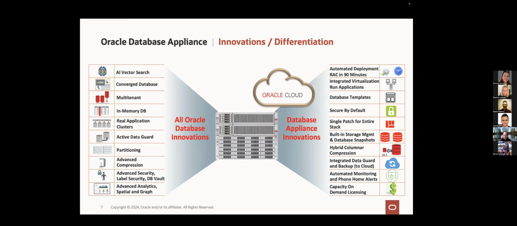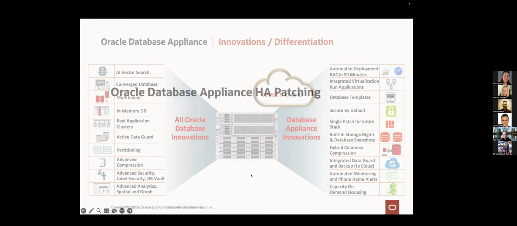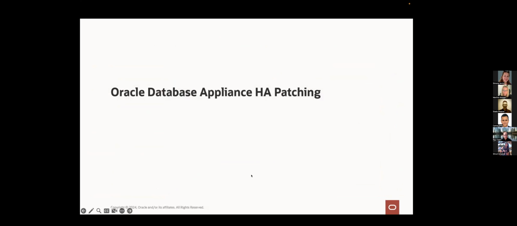Then there are integrated Data Guard and integrated backup to the cloud. All these features are only available on the Database Appliance, along with capacity on demand licensing. Okay, next slide, please.